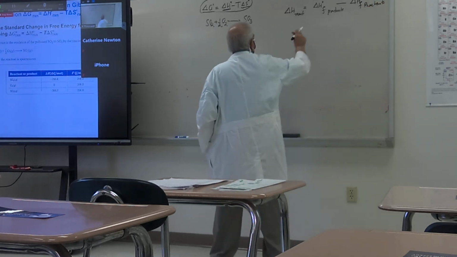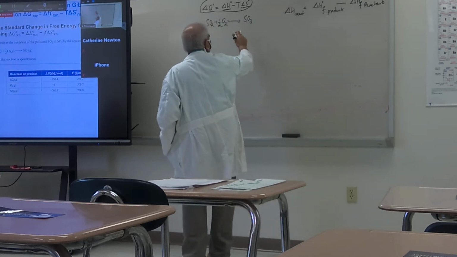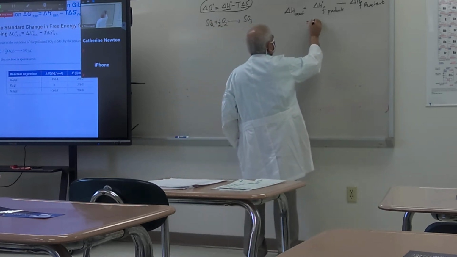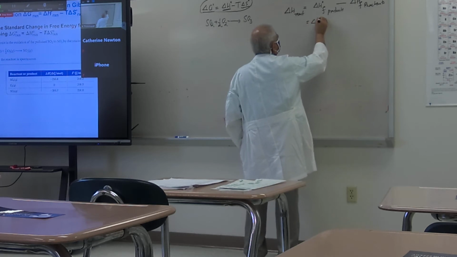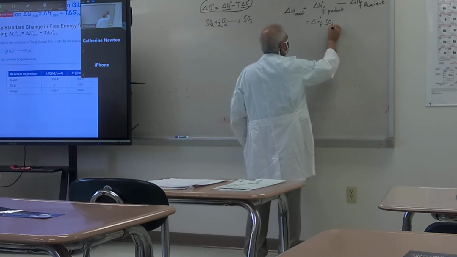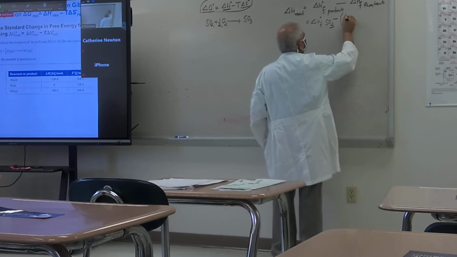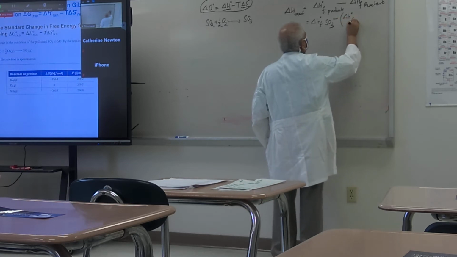So they have given the enthalpy of formation of the products. Product is sulfur trioxide, correct? Right? Delta H0 F of sulfur trioxide, minus delta H0 F of what?